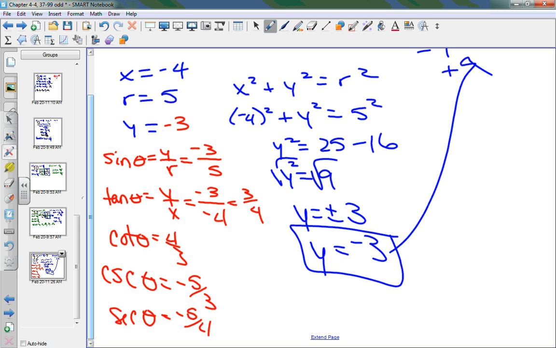You automatically know the other one, yes. Whenever they give you one trig function, you automatically know. Remember, you are not acknowledging the hypotenuse. I told you you can't ignore it.